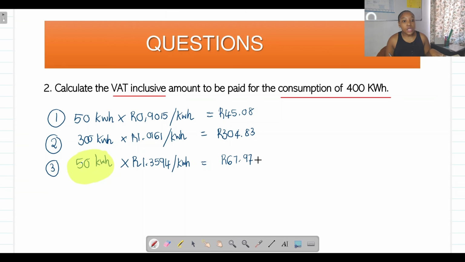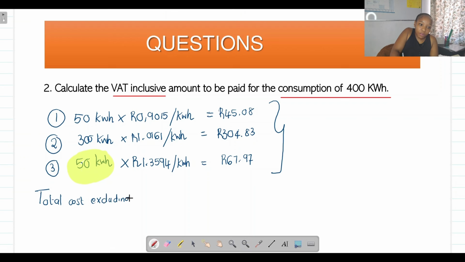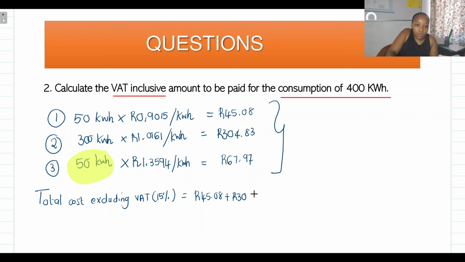If you punch that into your calculator, you'll get 67.97. All right, so all that we need to do now, guys, is add up all these amounts to get what the total cost will be. So the total cost, excluding your VAT, which is 15%, is equal to 45.08 plus 304.83 plus 67.97.